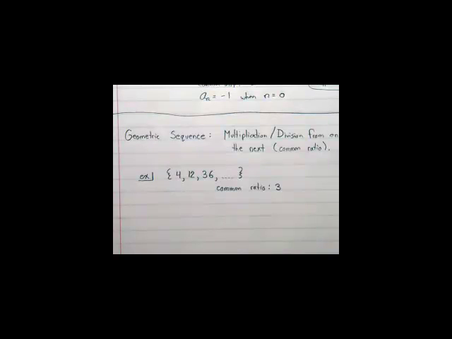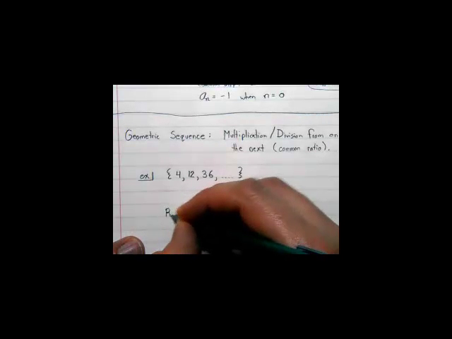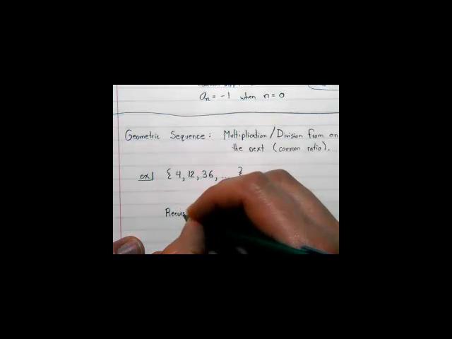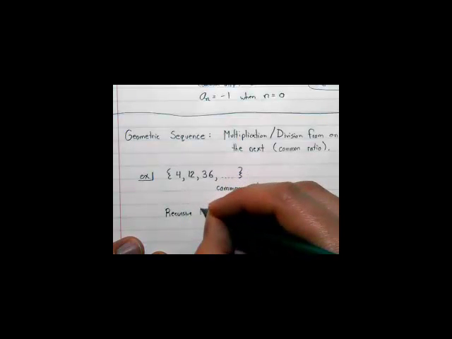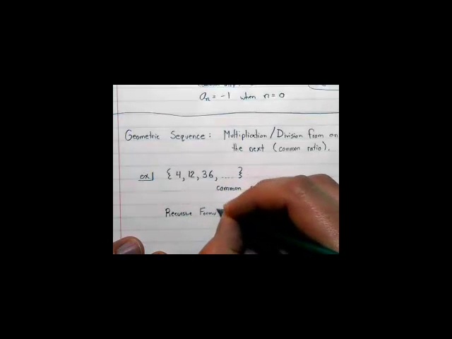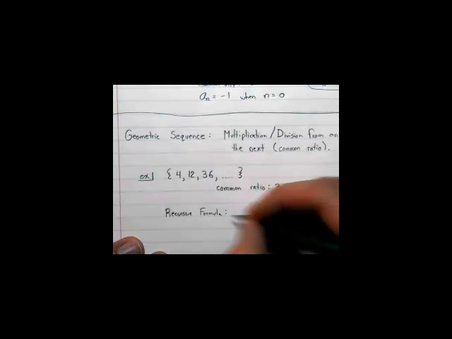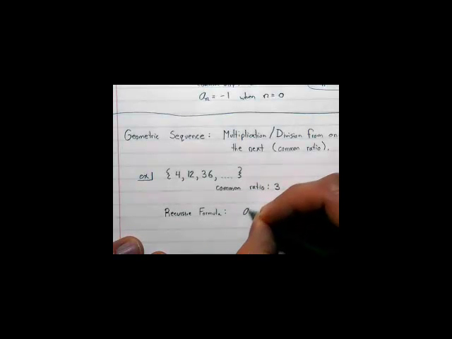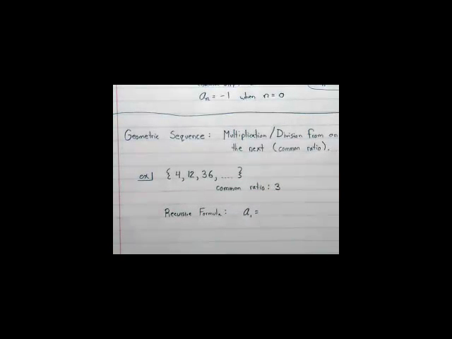Okay, so let's see if we can come up with that recursive formula again then. The first thing that I need to write down again is, where am I starting from? So a sub 1 equals what this time?